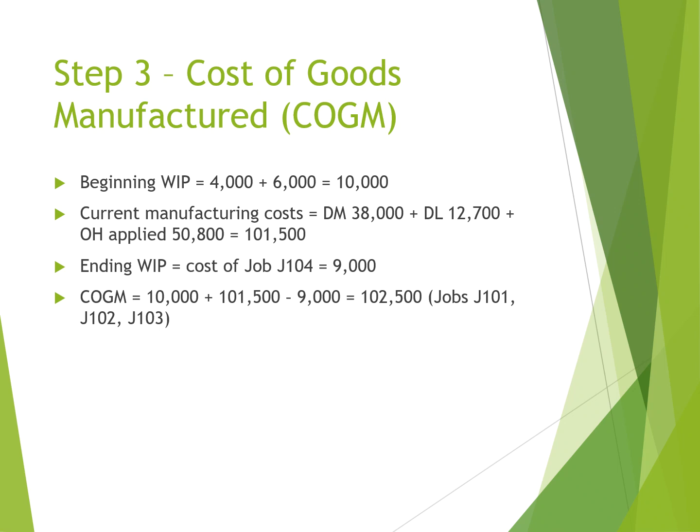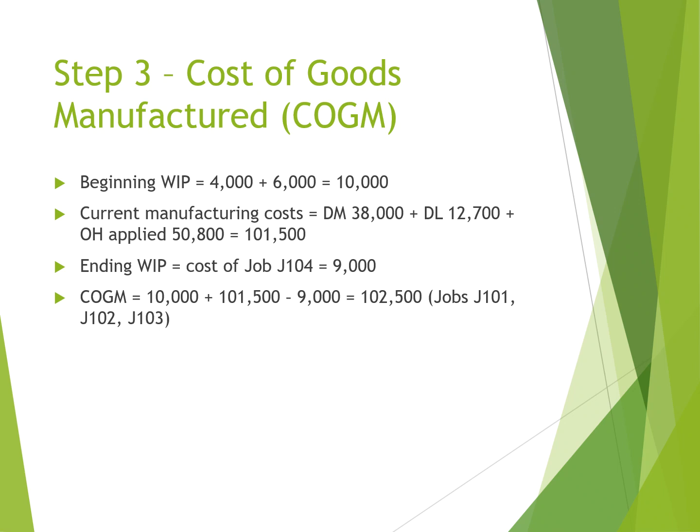Now we compute the COGM for August. The formula is beginning work in process plus current manufacturing cost minus ending work in process. Beginning work in process is the opening cost of J101 and J102, which is 4,000 plus 6,000, so 10,000.